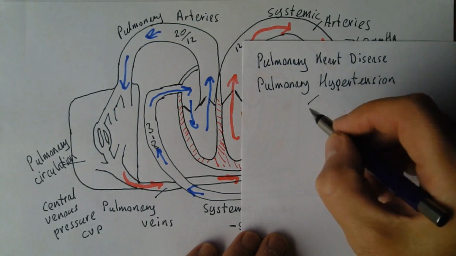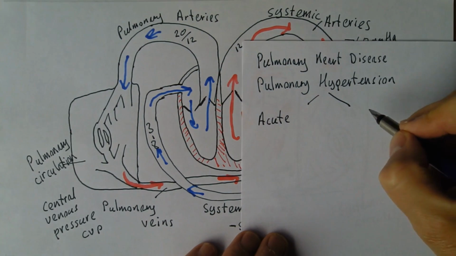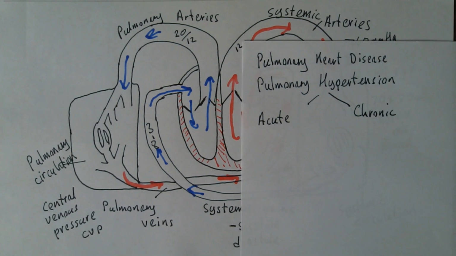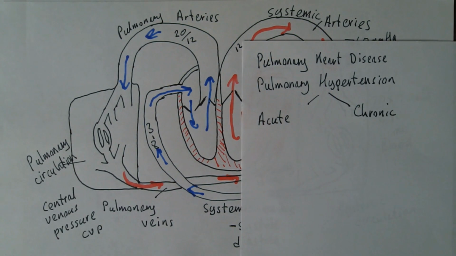And there's two forms. It can be acute or it can be chronic. So there can be an acute pulmonary heart disease caused by an acute pulmonary hypertension, or there can be chronic pulmonary heart disease caused by a chronic pulmonary hypertension.